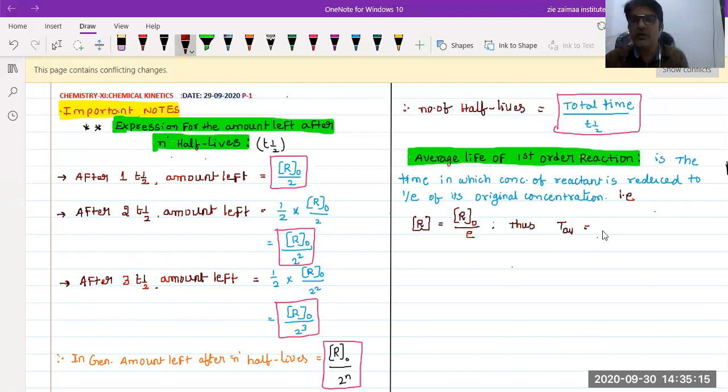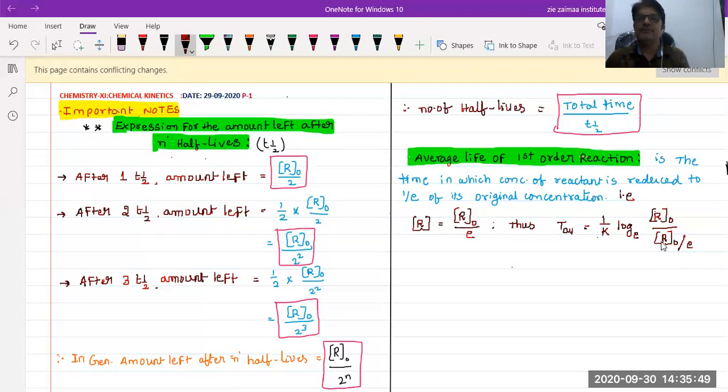So how can we write it? 1 by K log e, and R naught is the initial concentration, and the changed concentration R is R naught by e. So instead of R here we can write R naught by e.